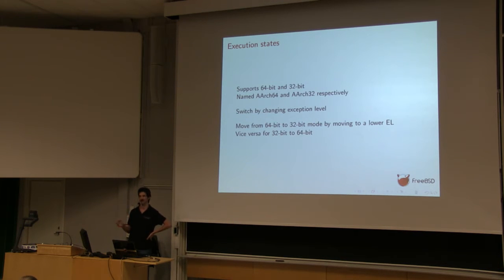If you have a 64-bit kernel, you could run either, assuming your hardware supports 32-bit. Moving down an exception level, you can move from 64 to 32, and the only way to return to 64 is by moving back up an exception level. So there's no interworking between the 2 at all, which is useful for not having to worry about pointers suddenly changing size.